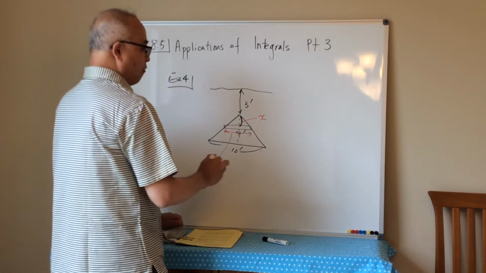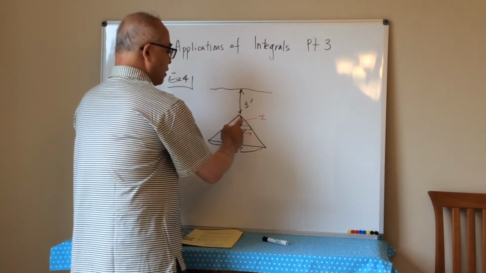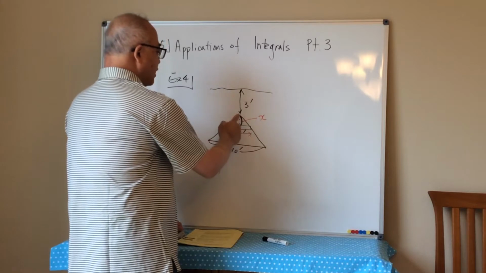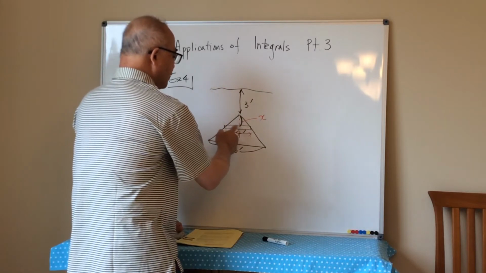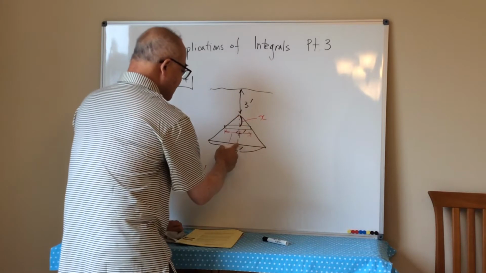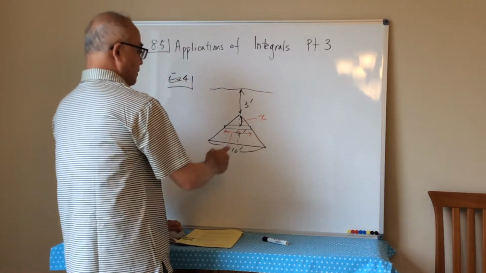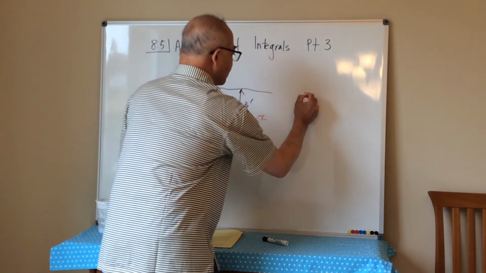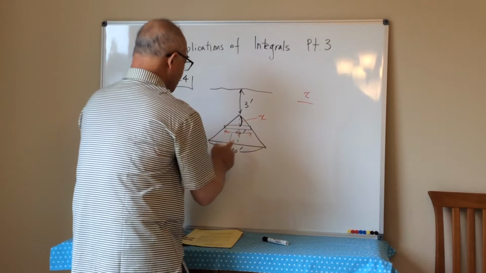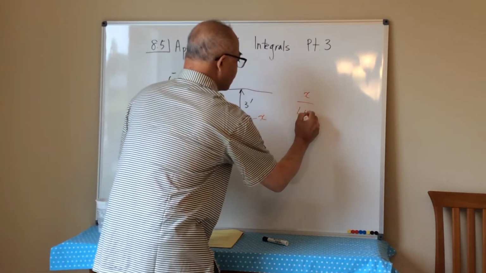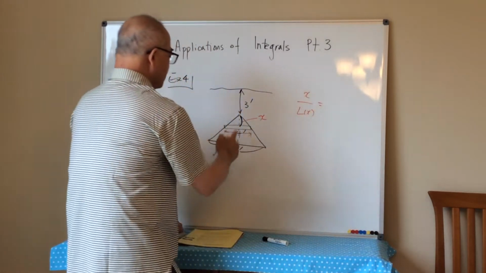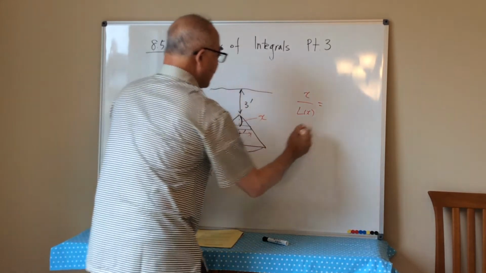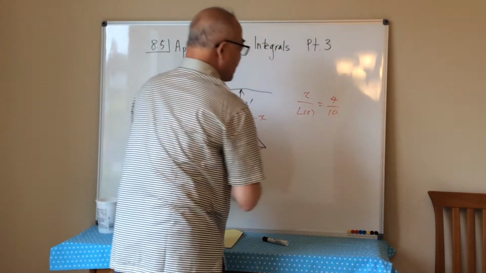So the ratio here is this to this is this to this. So X to L of x is equal to 4 to 10.